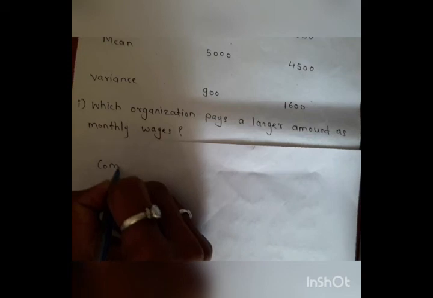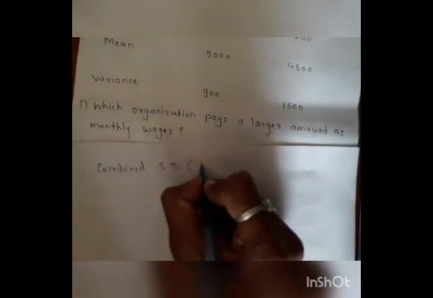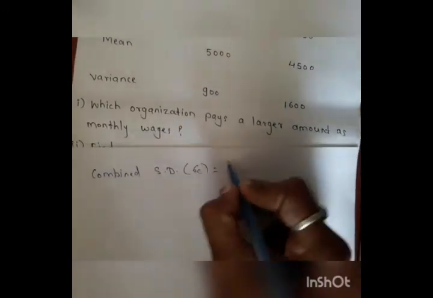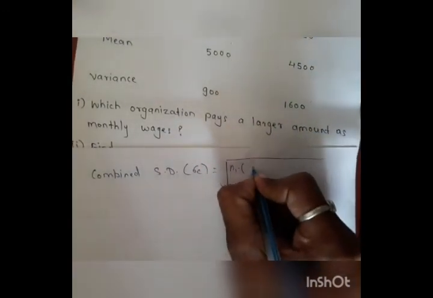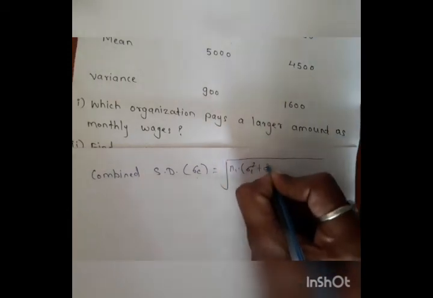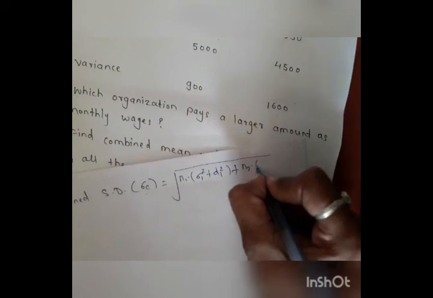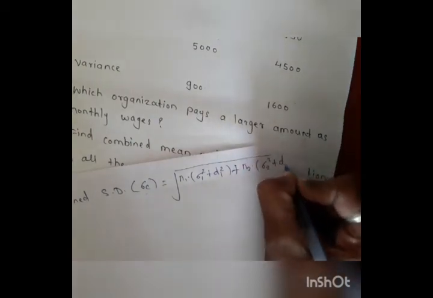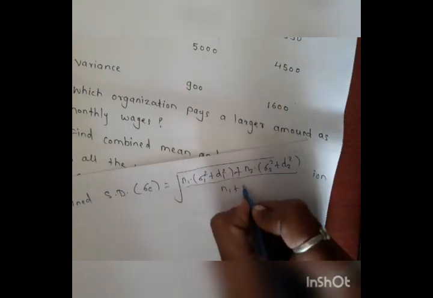Next we calculate the combined standard deviation. The formula for the combined standard deviation, sigma c, is equal to the square root of n1 into sigma 1 square plus d1 square, plus n2 into sigma 2 square plus d2 square, divided by n1 plus n2.